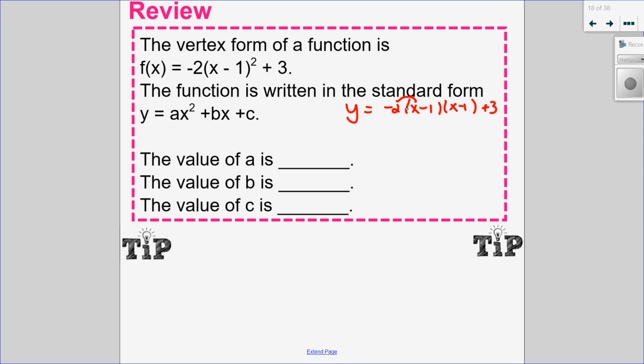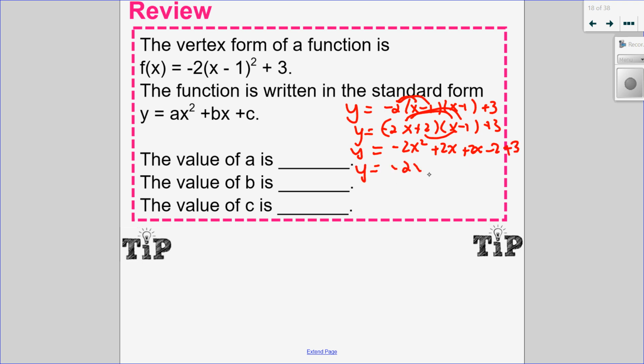Now I'll distribute the negative 2 inside the brackets, only to my first set of brackets. And then I'll apply the distributive property again. So negative 2x times x is negative 2x squared, negative 2x times negative 1 is 2x, negative 2 times x is 2x, negative 2 times negative 1 is 2, and then add on the 3.